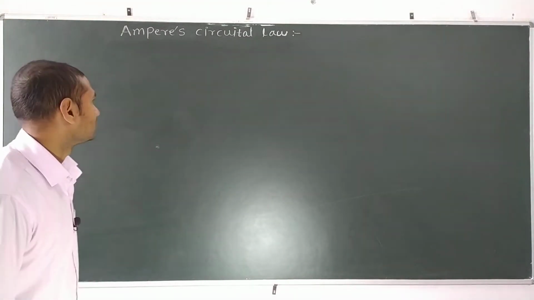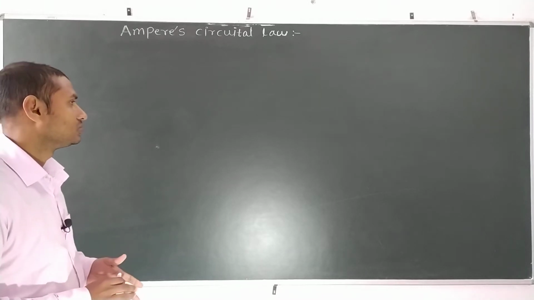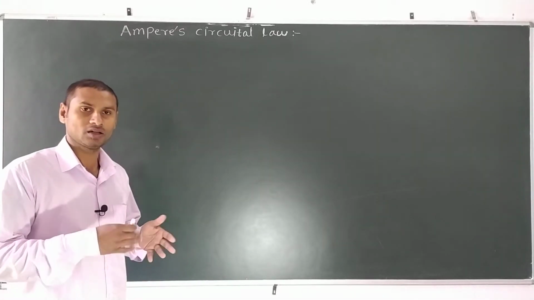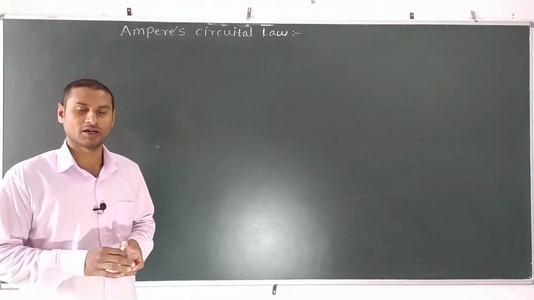Today we are going to discuss a topic that is Ampere's circuital law. What is Ampere's circuital law? This is another, alternate method to find the magnitude of magnetic field around the current carrying wire.